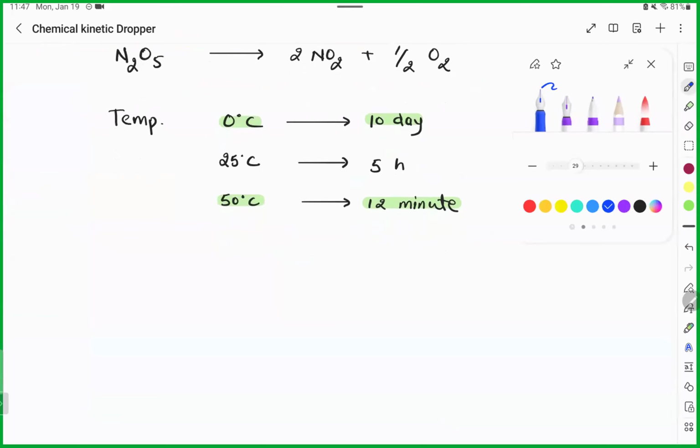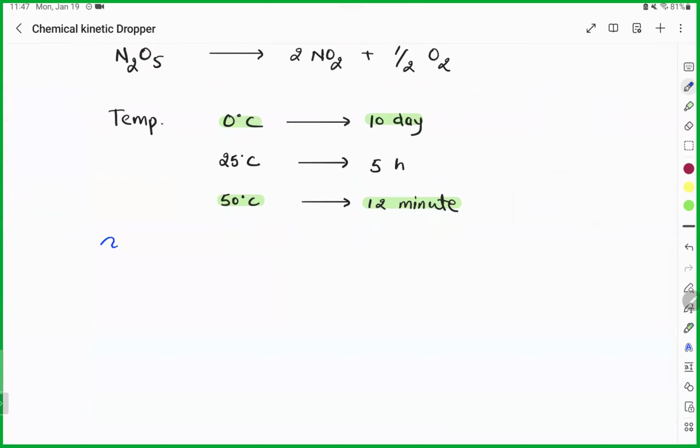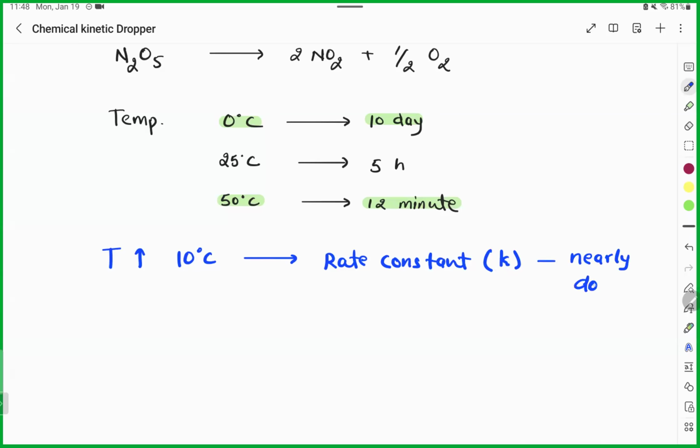No, sir, no. Okay. So, based on this, one statement is extremely important. Do not miss this key. If you increase temperature by 10 degrees Celsius, then your rate constant K will become double, nearly double.